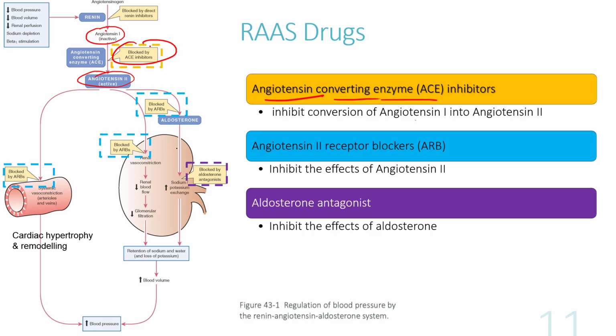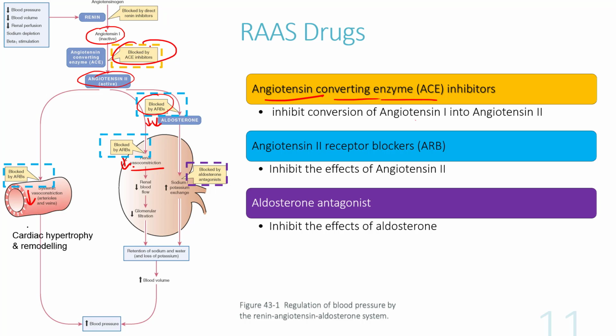The second lot of drugs are called angiotensin 2 receptor blockers. So they bind to the angiotensin receptors and they block its effect. So when you block the effects of the angiotensin receptors, you decrease the secretion of aldosterone, you decrease renal vasoconstriction, and you decrease systemic vasoconstriction, right?